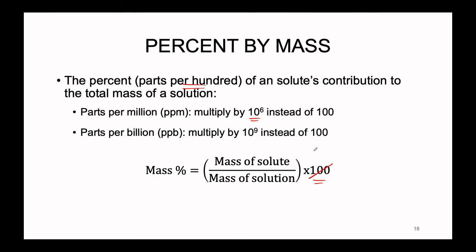So this 100 would be a 10 to the 6 if we're looking for parts per million, or ppm. And similarly, if we're looking for parts per billion, this is going to be equal to mass of solute divided by mass of solution times 1 billion.